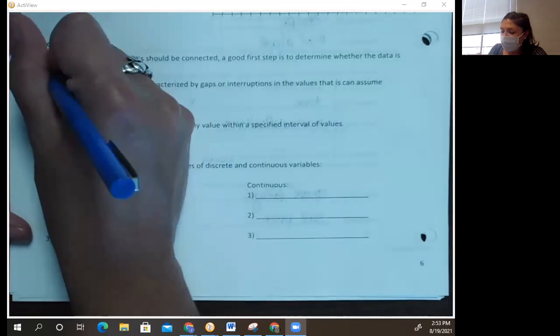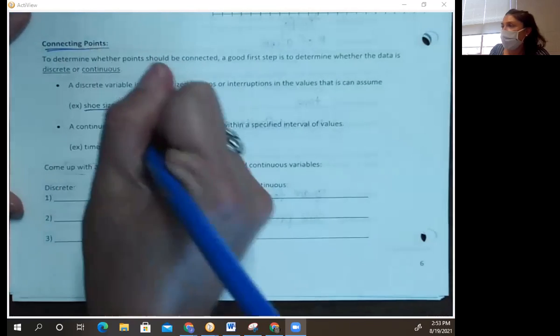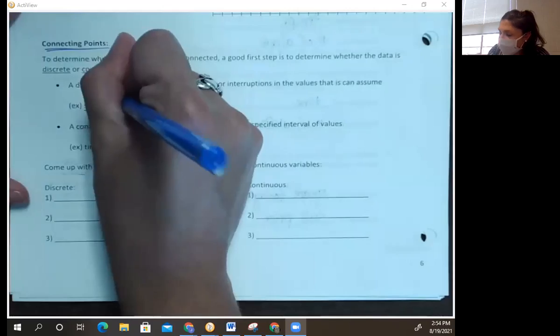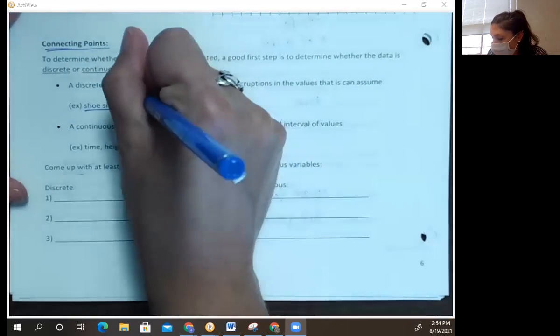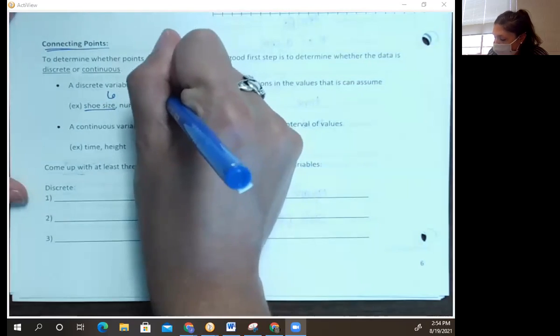So discrete variables are variables where I would expect there to be gaps between my possible values. One example of that is shoe size. You can have a shoe size of 6. You can have a shoe size of 7. You can have a shoe size of 7.5 or 8.